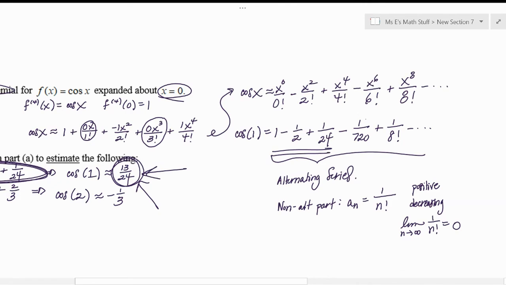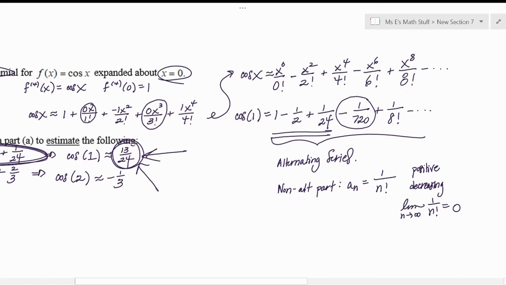So the value of the first neglected term would be negative 1 over 720. And remember that the difference between the infinite sum and a partial sum, as long as you're dealing with a convergent alternating series, is always less than the absolute value of the first neglected term.